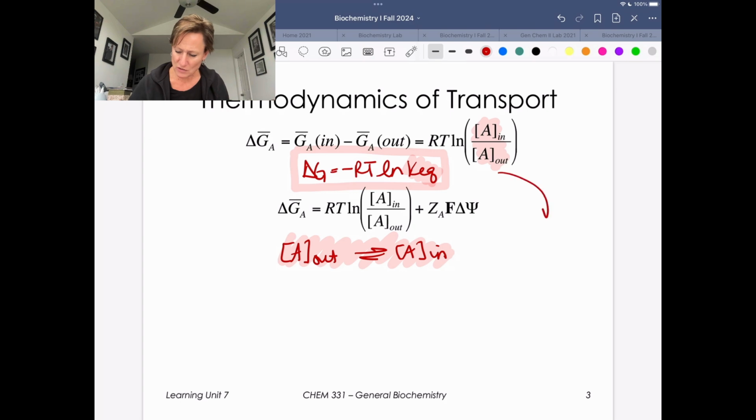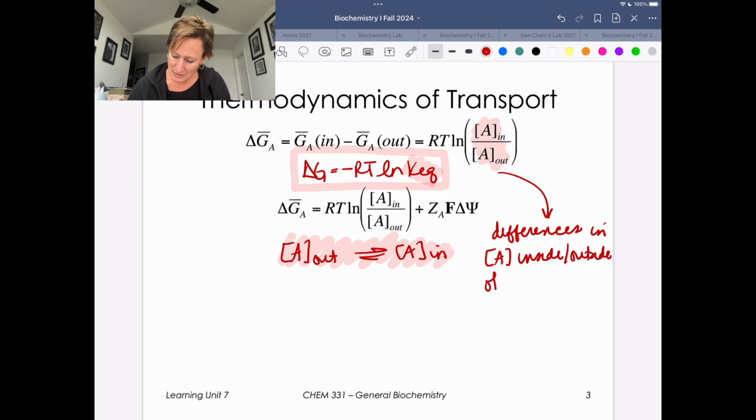One last piece to highlight: when we're highlighting these differences in concentration between the inside and outside, whether we're talking about a cell or a compartment within a cell is basically going to be delineating prokaryotes and eukaryotes. So again, we can talk about differences in concentration of that substance A, both inside and outside.